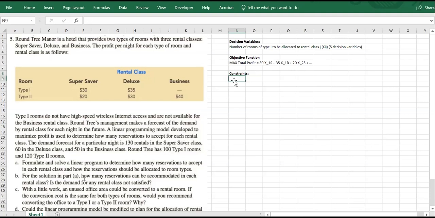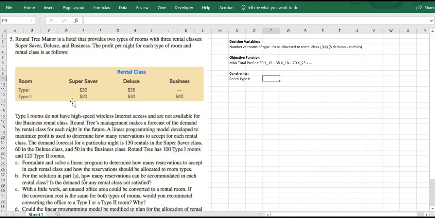All right. So we have two sets of constraints. We have a limited number of rooms, room type 1, and we have only 100.